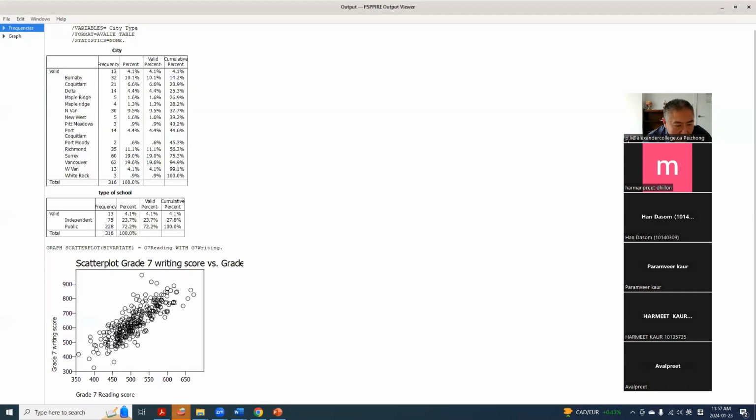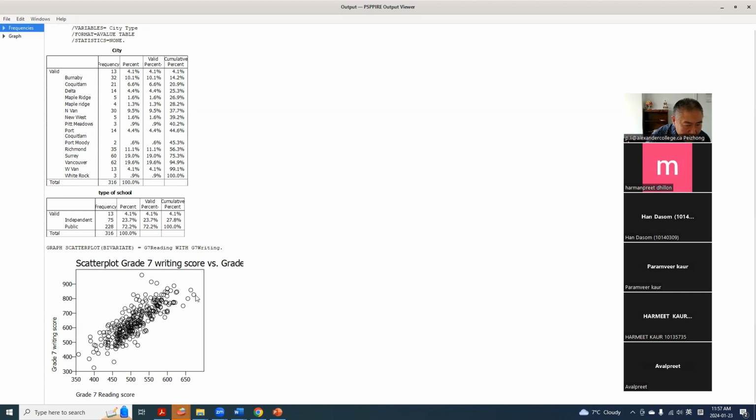Here. Oh, that's really interesting. So on the x-axis, grade 7 reading score goes from very low, 350, to below 650, maybe somebody at 700. And here writing, 300 is really low, 900 really high.